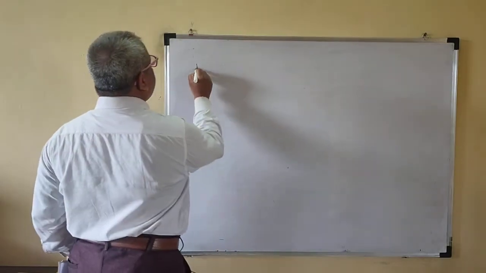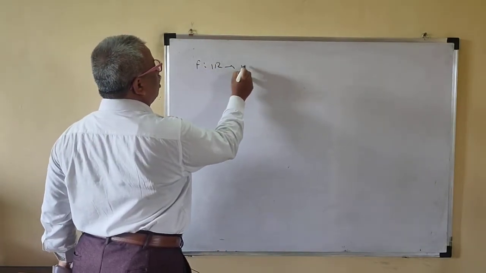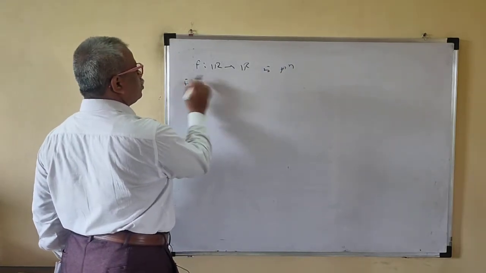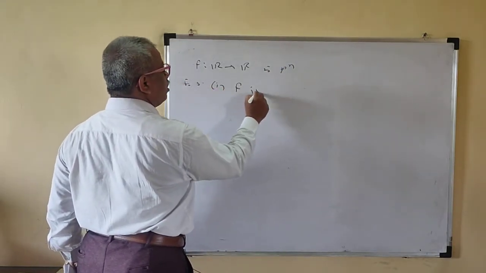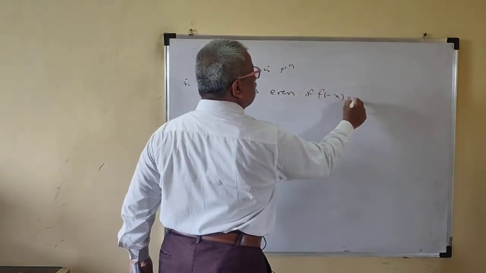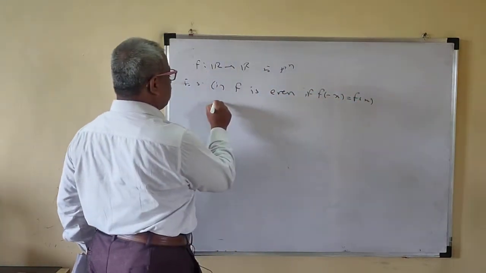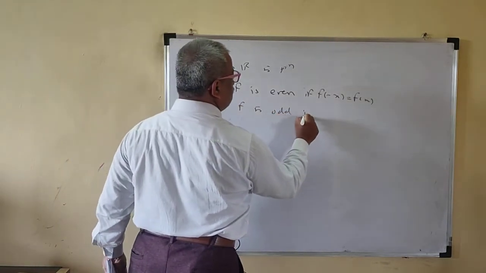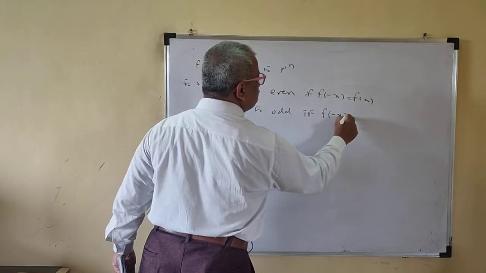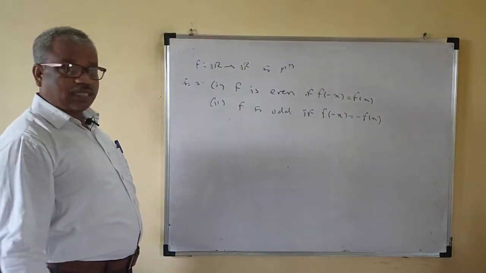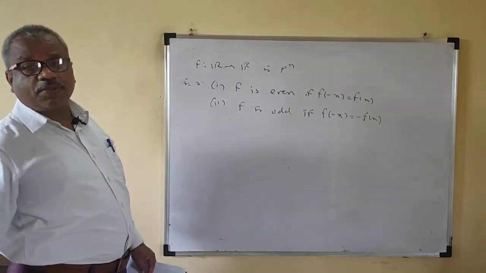So you know that if f from R to R is a function, it is said to be, first, even if f of minus x is f of x, and second, odd if f of minus x is equal to minus f of x. So what is the derivative of an even function?